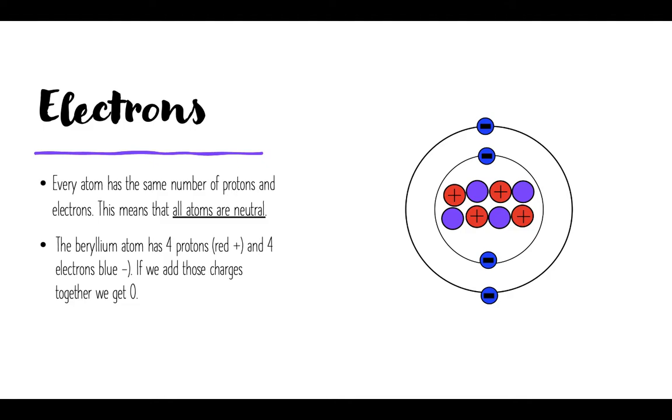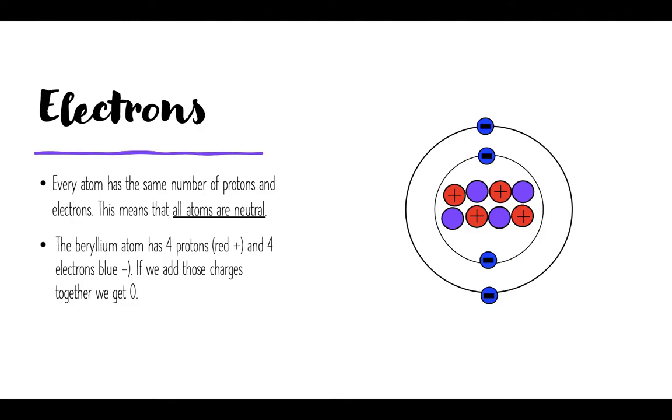Now, if we have 4 protons, each of those has a positive charge. In the middle of our atom, we have a 4 plus charge. Around the outside, in our energy levels, we have 4 electrons. Add them all together, that means we have 4 negative charges in total.